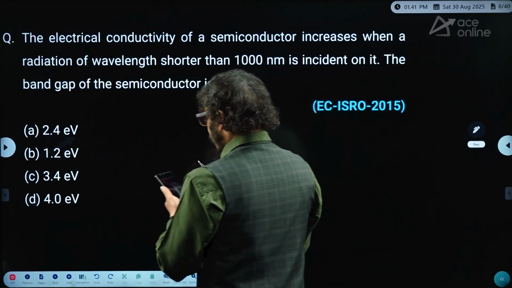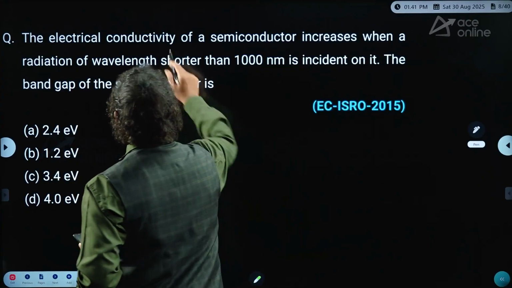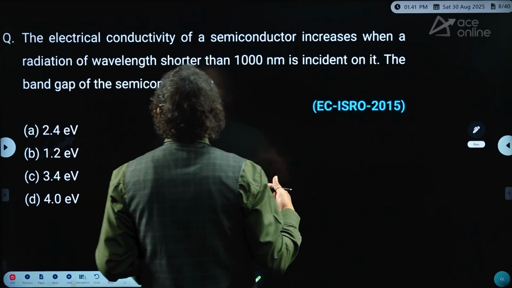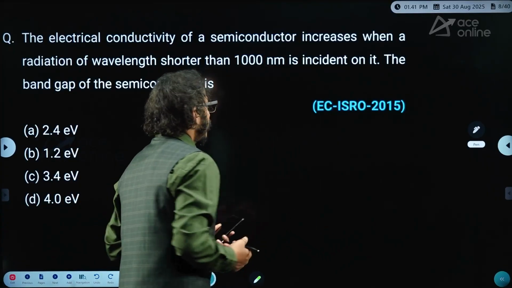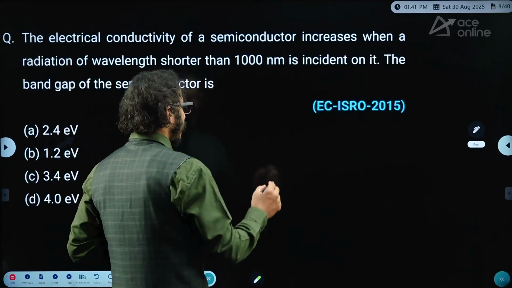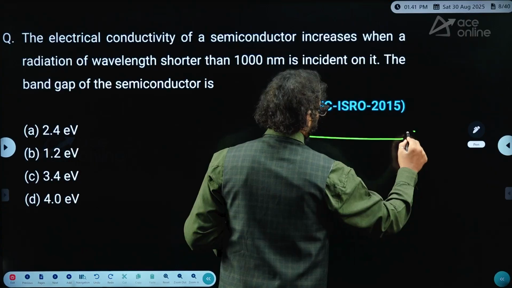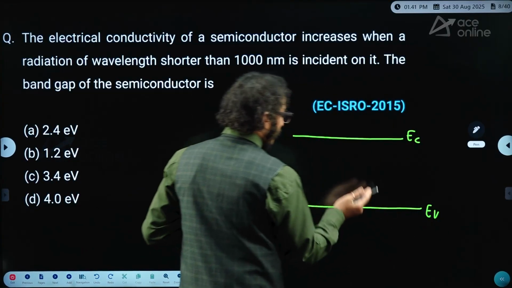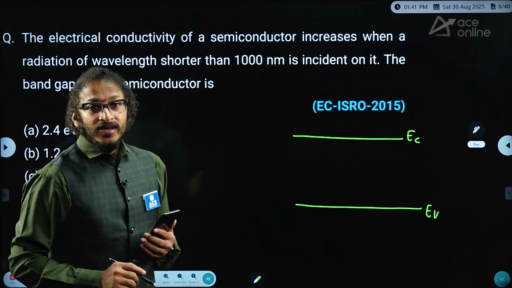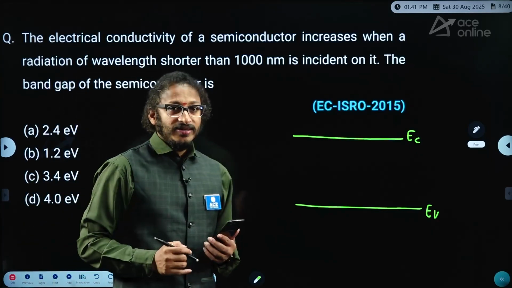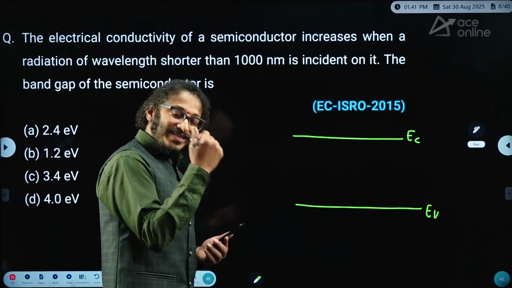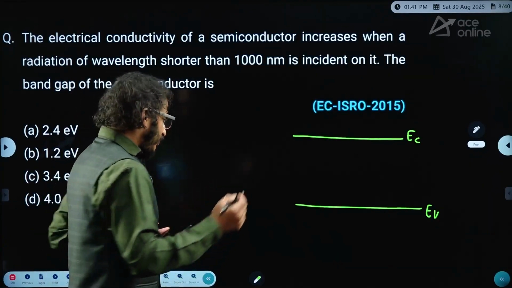The electrical conductivity of a semiconductor increases when a radiation of wavelength shorter than 1000 nanometers is incident. That is very interesting. Students, if you check, for example, EC and EV, the conduction band and valence band. The examiner clearly specified that electrical conductivity is increased when light is incident.